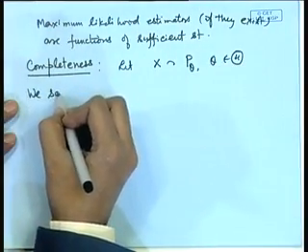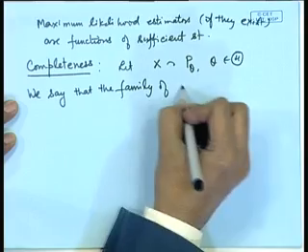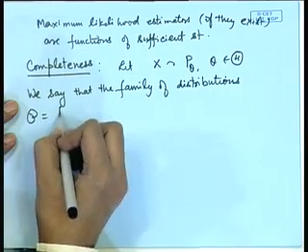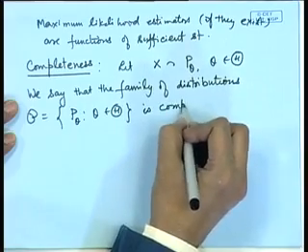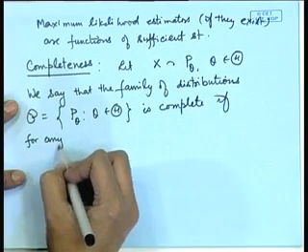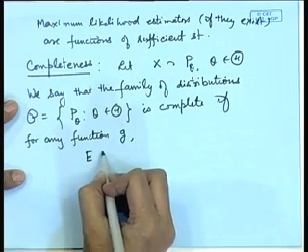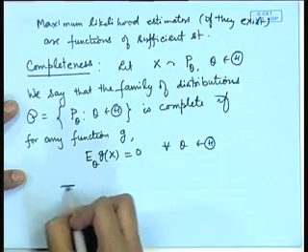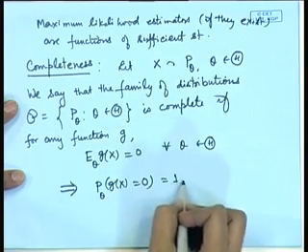So, we say that the family of distributions P equal to {P theta} is complete if for any function g, expectation of g(X) is equal to 0 for all theta implies probability of g(X) equal to 0 is equal to 1.